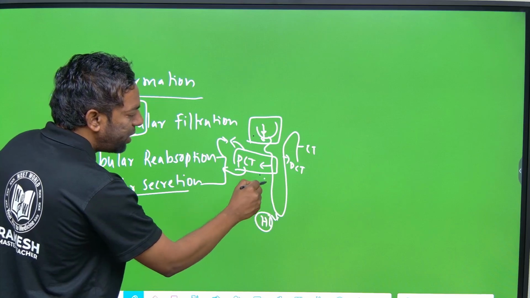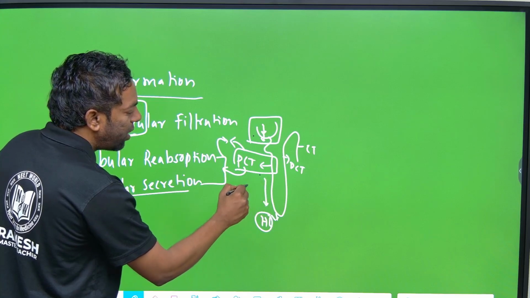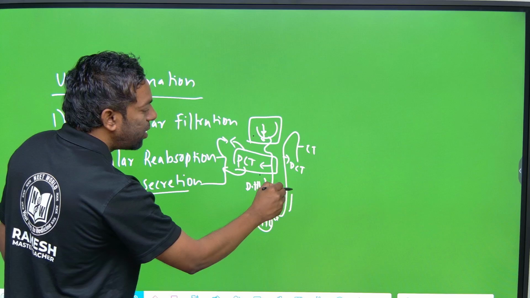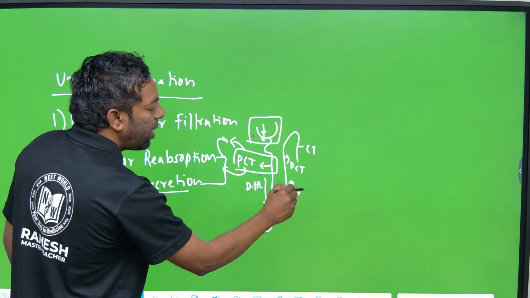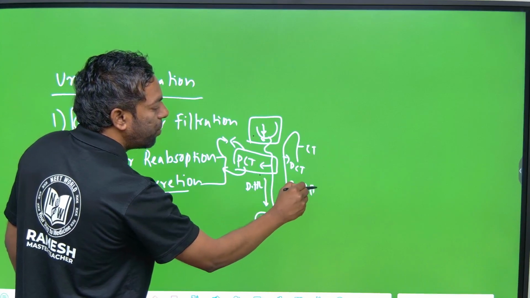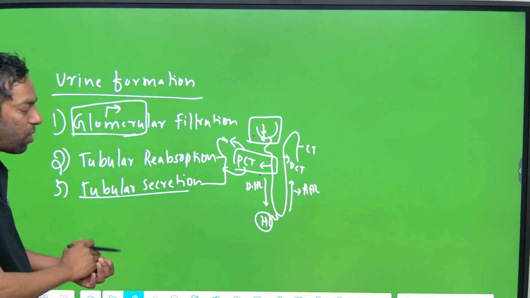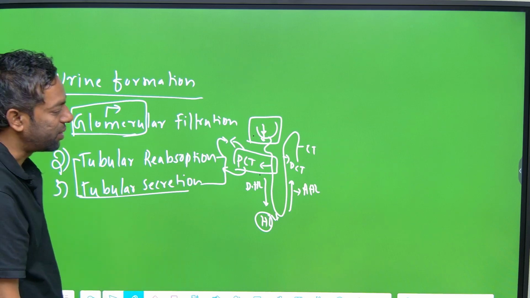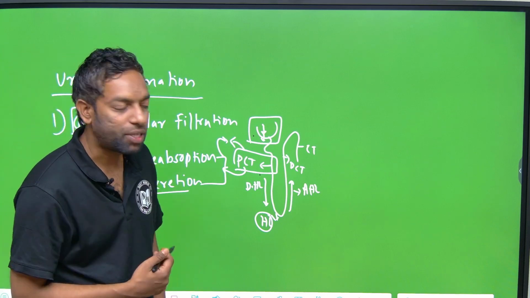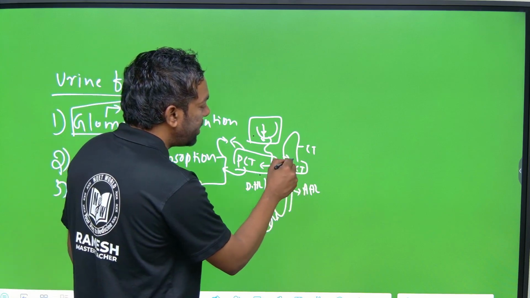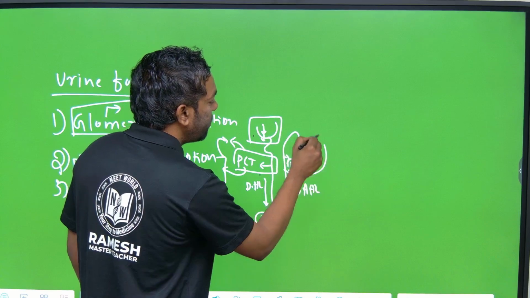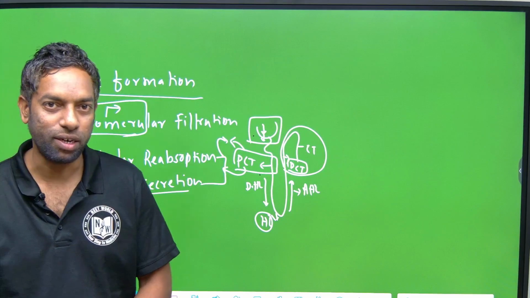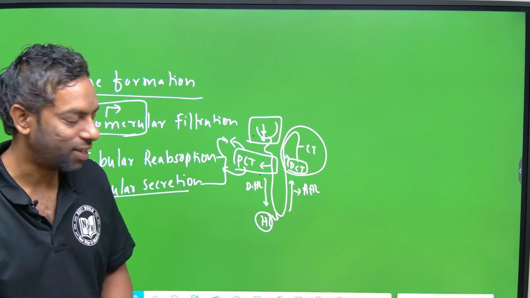The down part of the Henle loop we call the descending Henle loop, and the part going up we call the ascending Henle loop. These parts are also involved in tubular reabsorption and tubular secretion. Next, the DCT and collecting duct together are involved in tubular reabsorption and tubular secretion. We are going to discuss it.